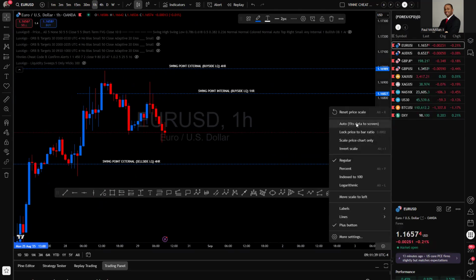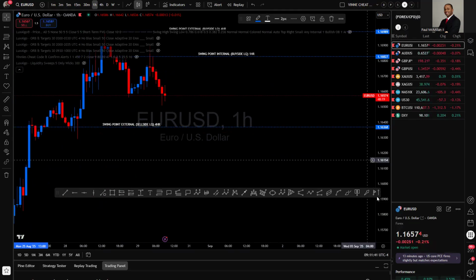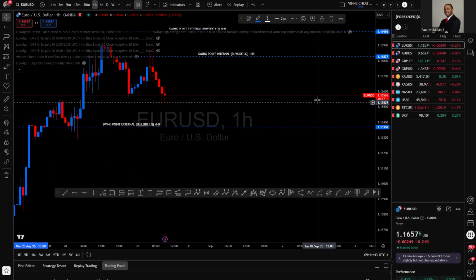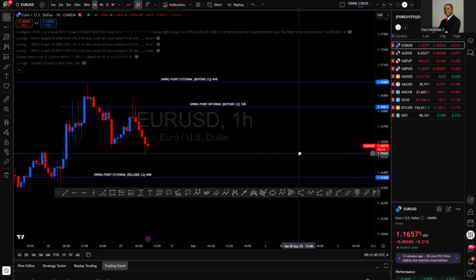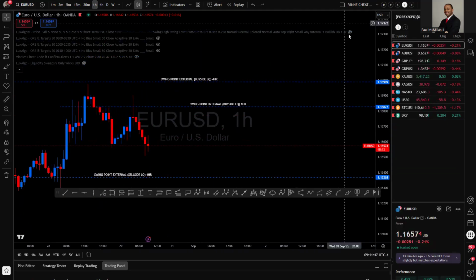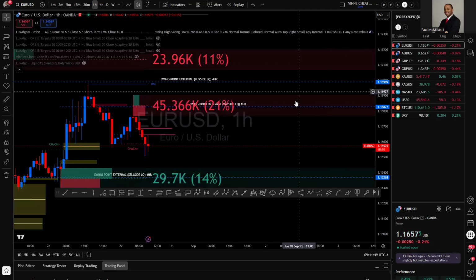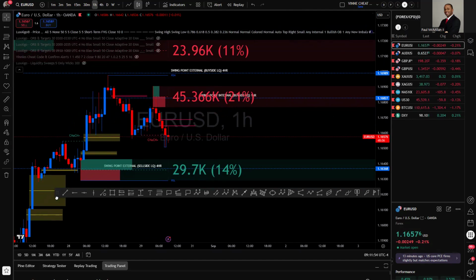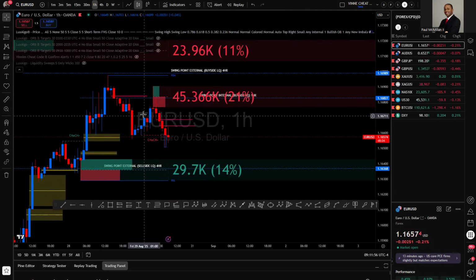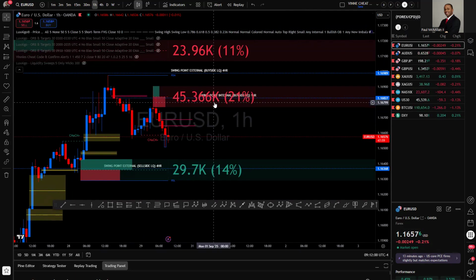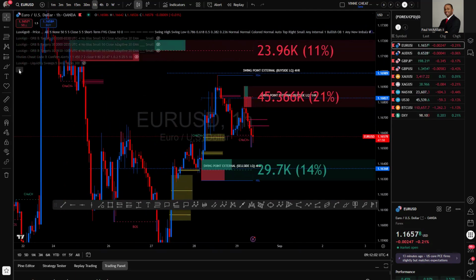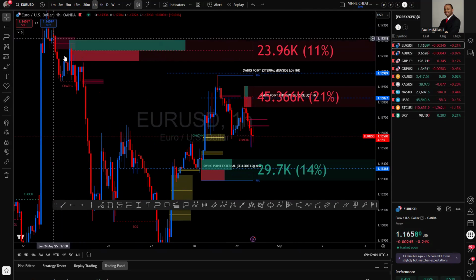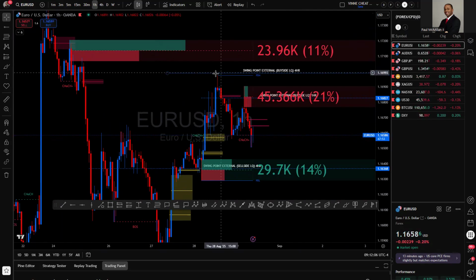Now what we're going to do is turn on the indicator here. The next thing you want to do is to see the overall bearish or bullish. You can see the order block is 21% bearish. We also have a higher high and a lower high overall.